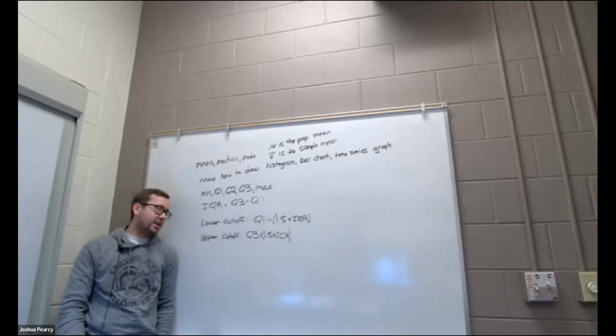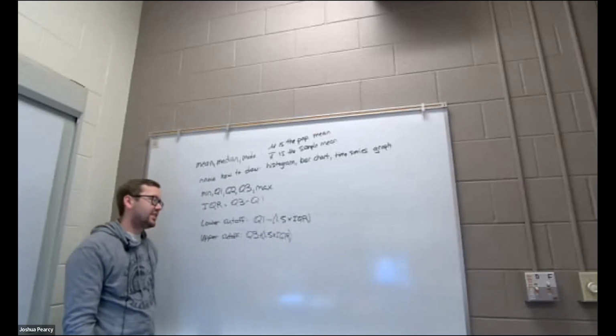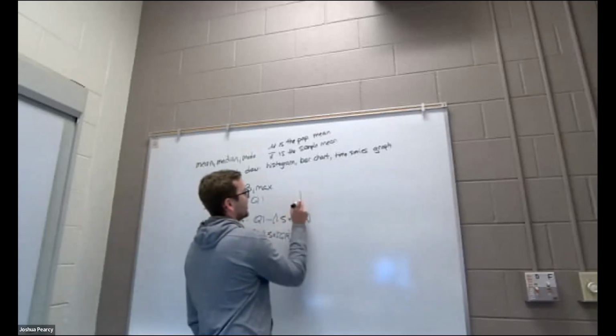What would be another way I could ask you to find those? What is one thing that we talked about in chapter 3 at the very end? There's another type of graph. Yeah, the box plot. So I could give you a box plot that looks something like this.